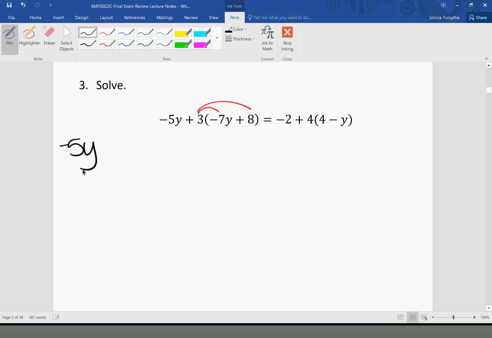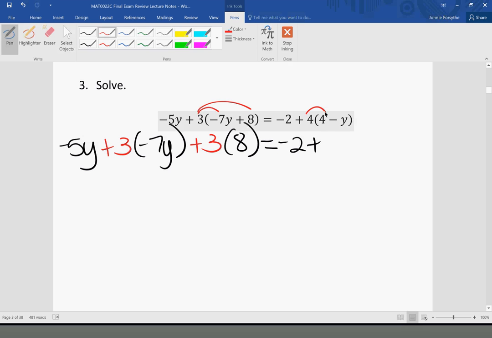So I have negative 5y plus 3 times negative 7y plus 3 times 8 equals negative 2 plus 4 times 4 plus 4 times negative y.